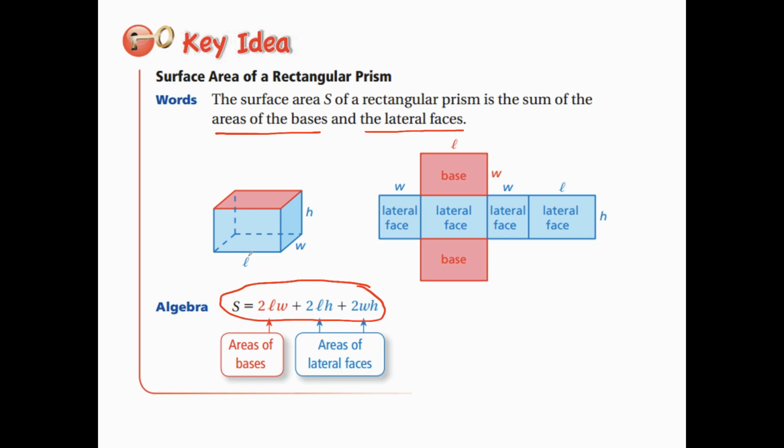All you do is label your prism with the length, the width, and the height, and plug those numbers into that formula. You can see here in the net where the length and the width are, and you can also see where the height is. So finding the surface area for a rectangular prism is pretty straightforward.